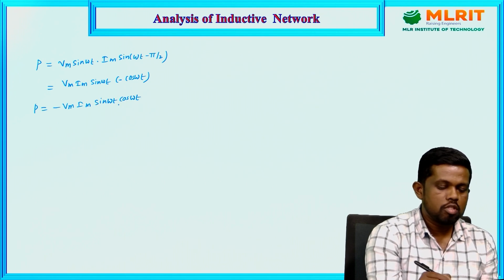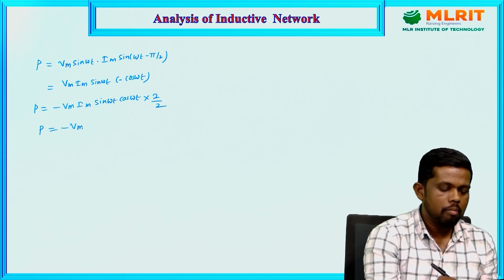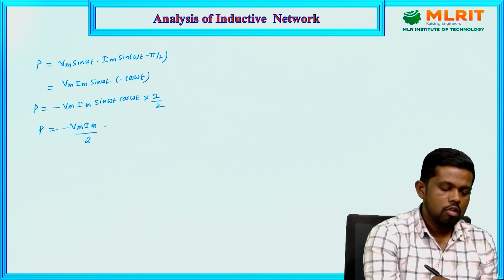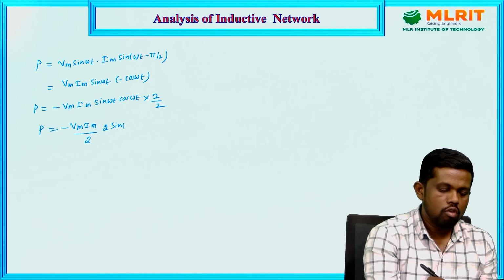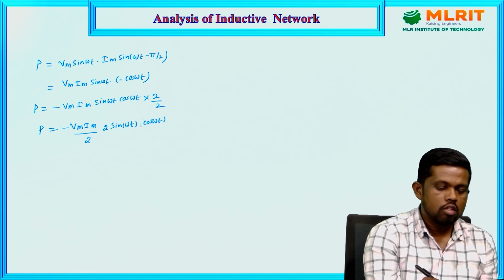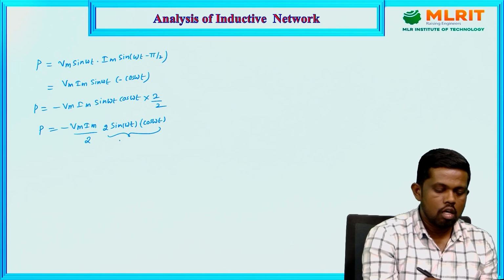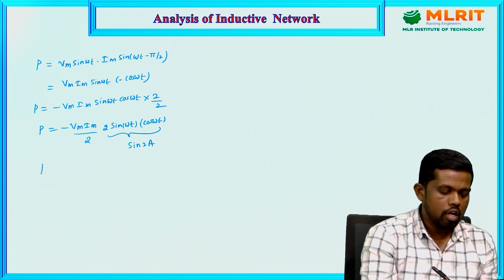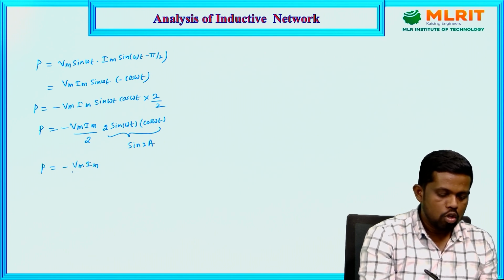For this expression, we need to multiply by 2 and also divide by 2. So we get minus Vm Im by 2 times 2 sin omega t cos omega t. It is similar to the trigonometric formula for sin 2a. With respect to that, we can write it as Vm Im divided by 2.